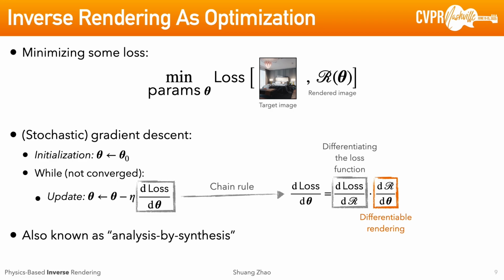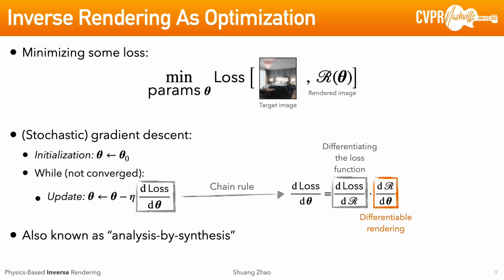Okay, so typically, inverse rendering problems are formulated as an optimization where we take a set of target images or photographs. We want to seek the scene parameters so that some loss, normally some sort of image loss, defined between the target images and the rendered images is minimized.